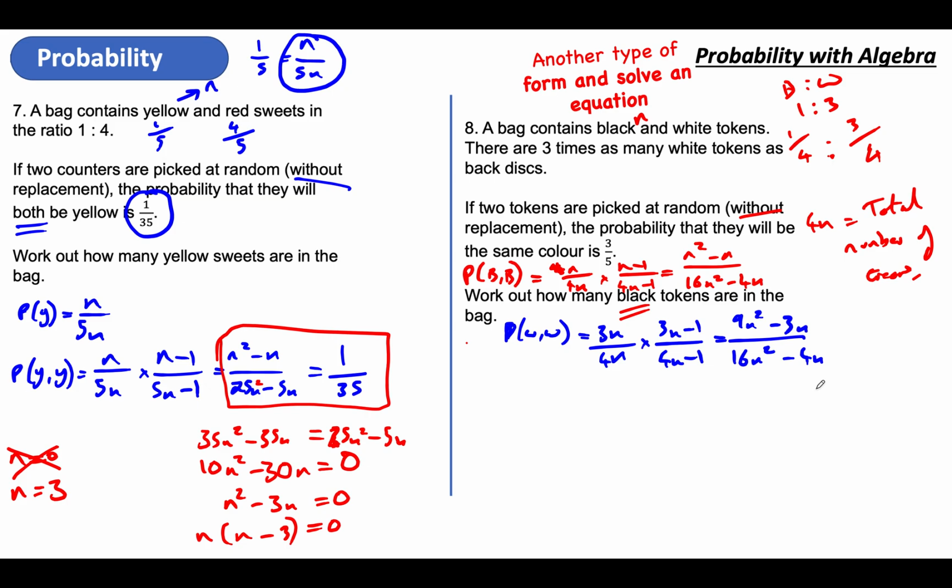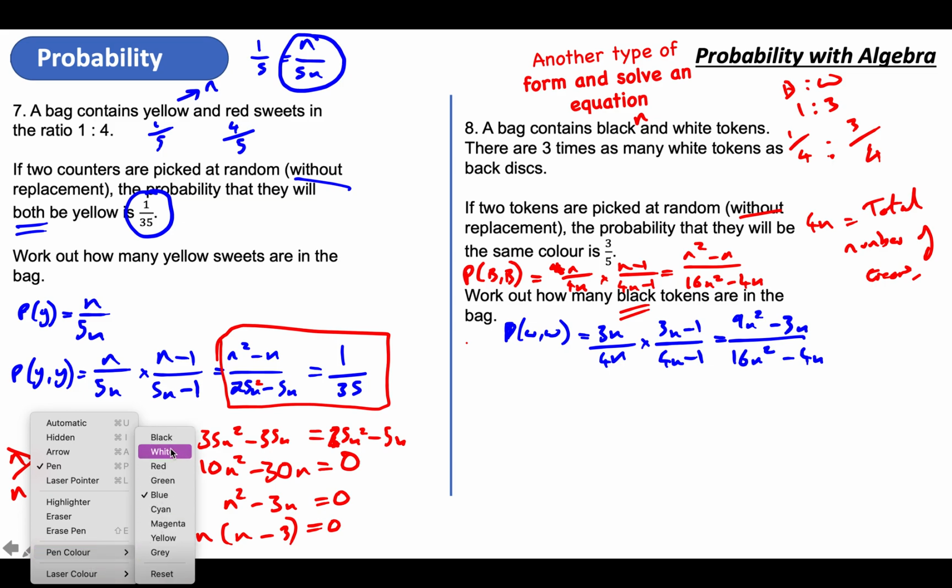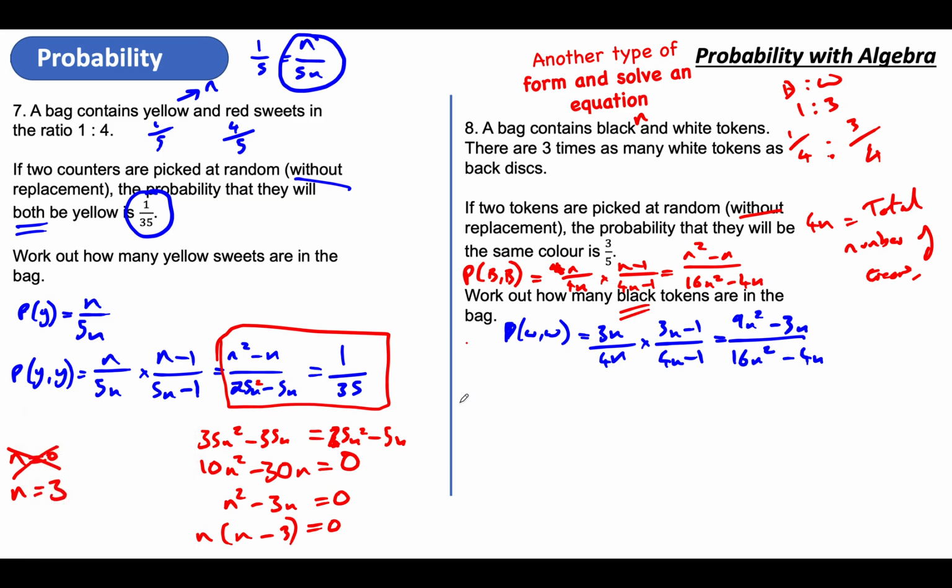All of those have got n, so we could divide through by n, but you can get tricky things doing that if you're not being careful, because you can actually end up losing one of your solutions. So I'm going to leave it like that for now. So let's add those two things together to get the main total, because we have 2 possibilities, either black black or white white.